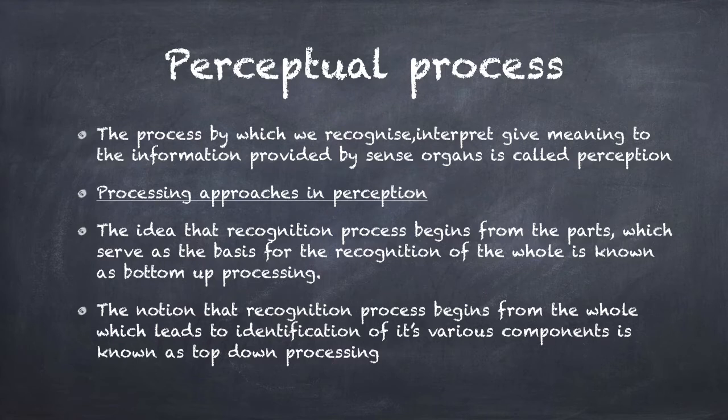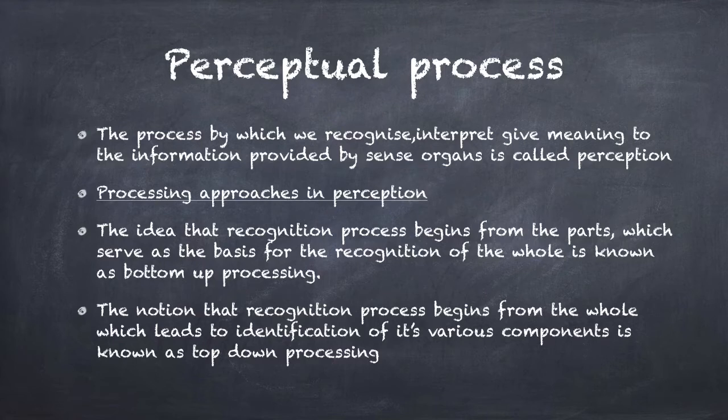If we perceive a particular thing by recognizing it from the parts and then the whole, for example, a child sees a dog and sees that the object has four legs, a furry body, and two eyes, so it is a dog, then we call it bottom up processing. Moving from parts to whole, that is bottom up processing.